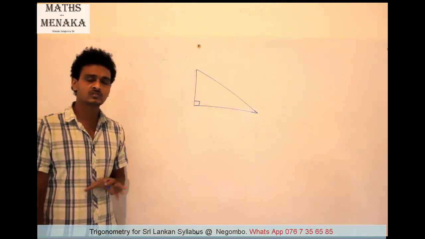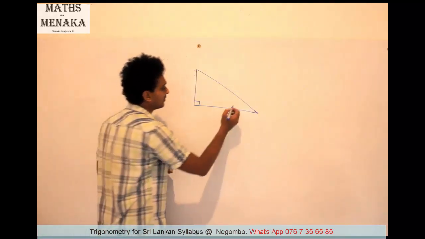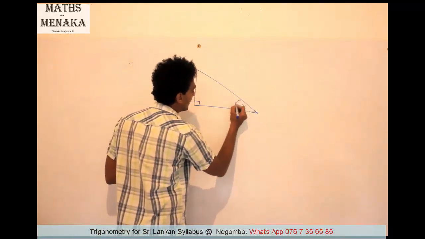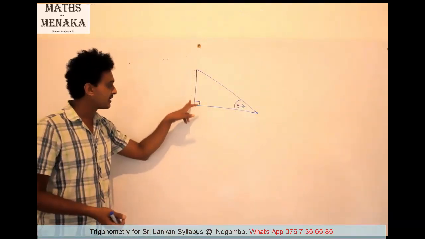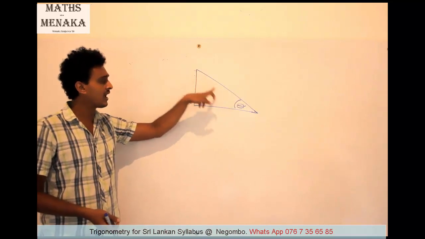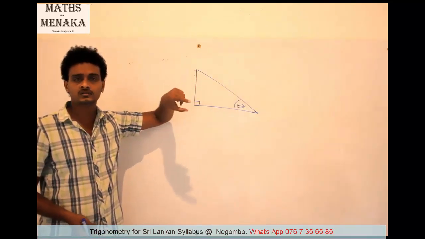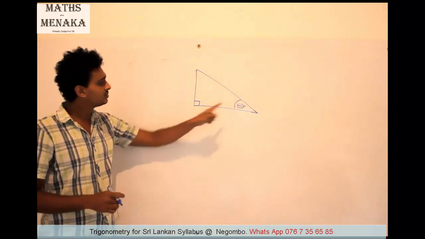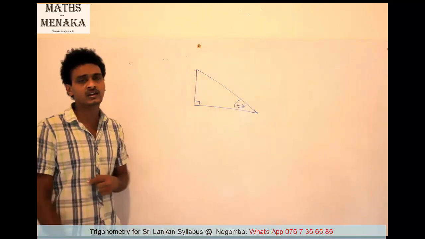So when you use trigonometric ratios, you should have an angle, and I name the angle as theta. In a right-angled triangle, one angle is the right angle and the other two are acute angles. You should know one acute angle, then using this angle you have to name the three sides of the right-angled triangle.